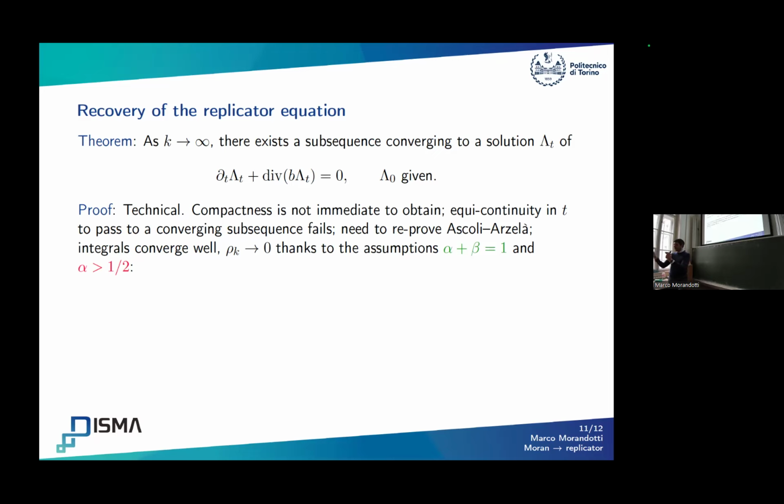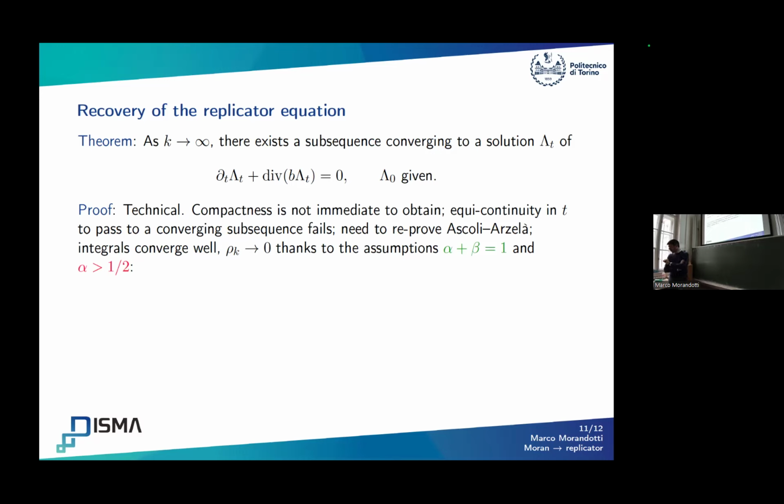If they fall far apart, then you could concatenate the estimates. So you go from S to the first node of the partition, then you do a finite number of partition items, and then you go to T. But there's no way in this case to control uniformly the number of intervals that stay in between S and T. So the usual Ascoli-Arzelà theorem cannot be applied.